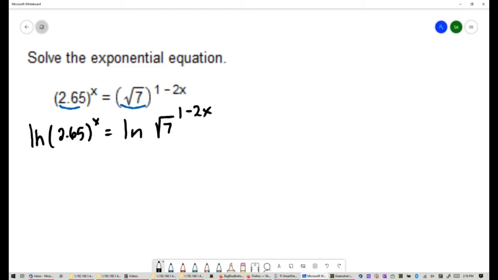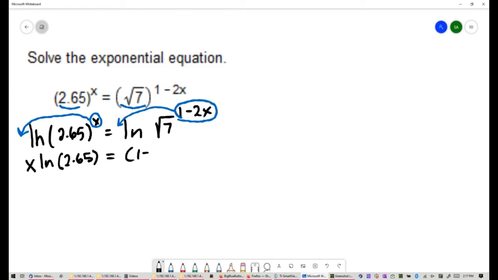And then we can use the power rule for logarithms, which allows us to move this variable out of the exponent. So it's moved into the coefficient of the log, or multiplied by the log. So that would give x natural log of 2.65 equals 1 minus 2x natural log square root of 7.